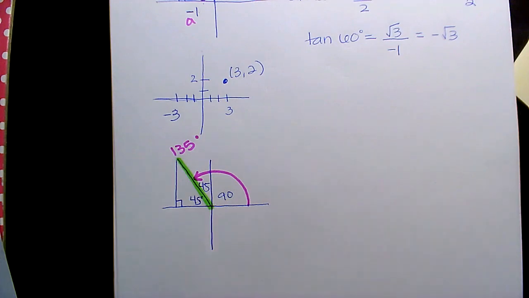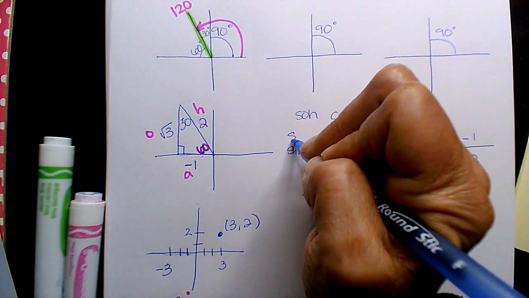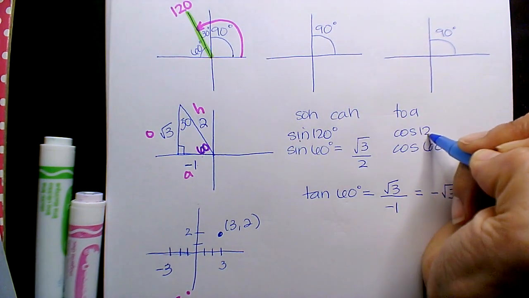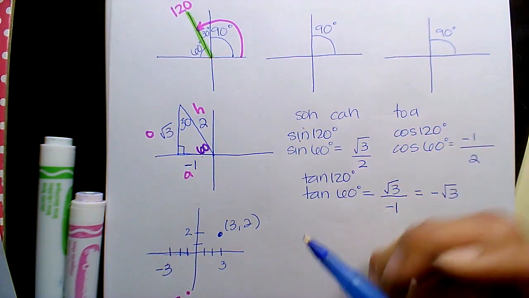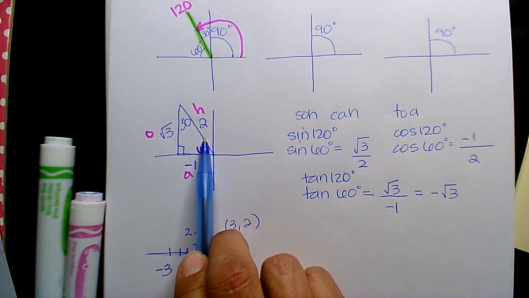But you could still write the 120. There was nothing wrong with you putting here sine of 120 degrees, cosine of 120 degrees, tangent of 120 degrees, because that's really what you were getting over here, right? That really was the terminal side to the triangle.